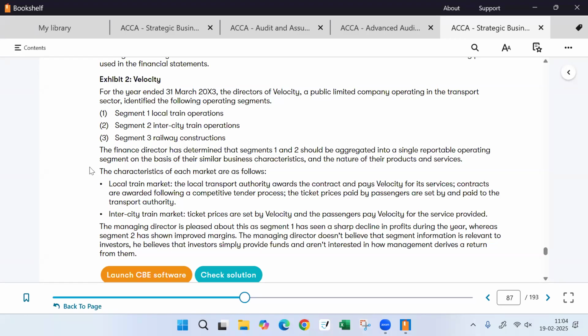If Velocity is not able to generate enough passengers, will they face revenue risk? No, because the contracts are awarded following competitive tender prices. The ticket prices paid by the passengers are set by and paid to the transport authorities. What Velocity gets is for the services they are rendering. Only for the operations they render, they will get the amount. Is this clear?